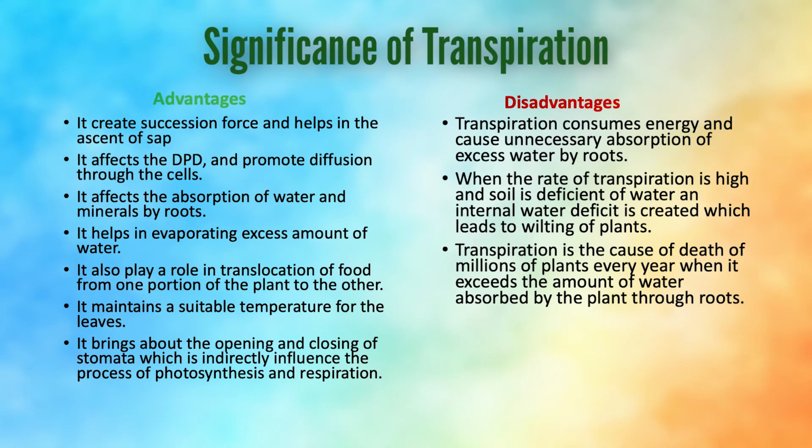Transpiration creates suction force and helps in the ascent of sap. It affects the diffusion pressure deficit and promotes diffusion through the cells. It affects absorption of water and minerals by roots. It helps in evaporating excess water. It also plays a role in translocation of food to different parts of the plant.